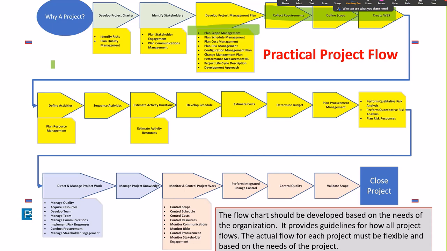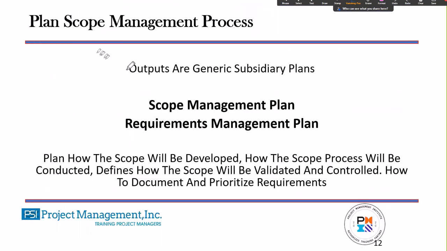Let's build on that. So the first step is to plan scope management. Now, this gives us our scope management plan, and our scope management plan is going to tell us how to manage the scope, how to do the other processes of scope, such as how do I do the collect requirements process, how do I validate scope, how do I create WBS, how do I do those other processes.